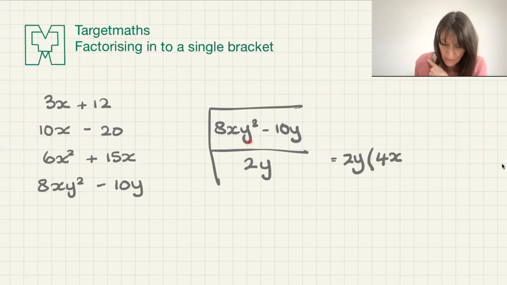I've then got y squared. I've got 1 on the outside. I want y squared. I need 2 of them. So I've got 1 on the inside. And that's the first term done. Now, 2s into 10 go 5. So it's minus 5. I want 1y.